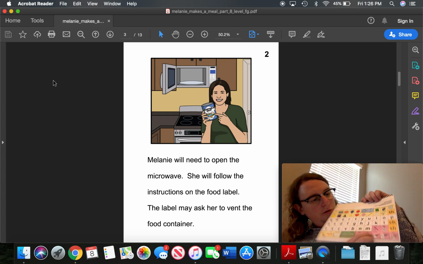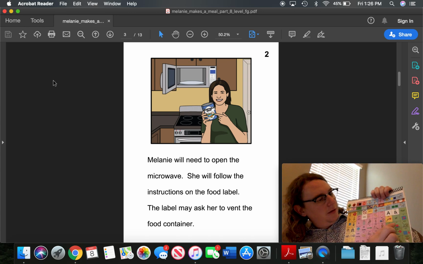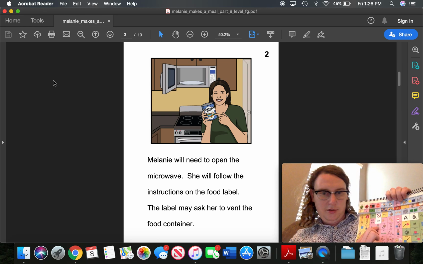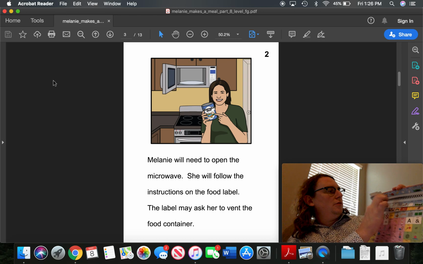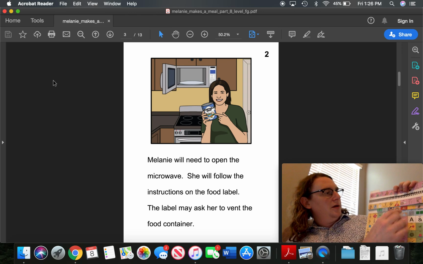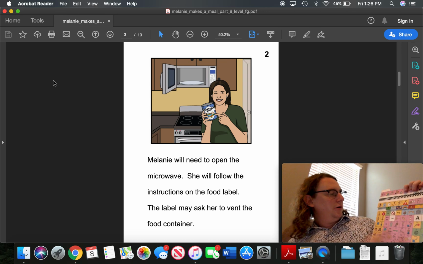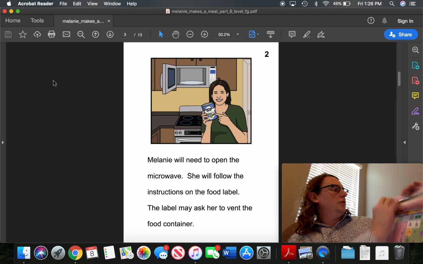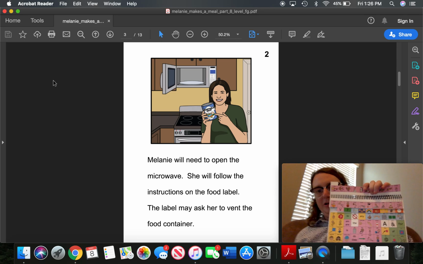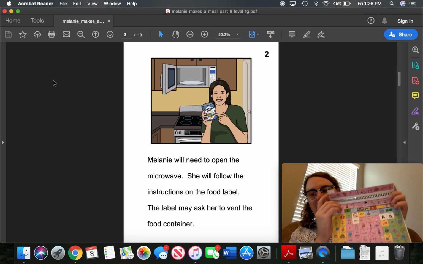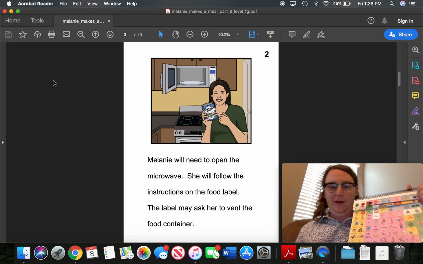The writing on can asks her to open. Hopefully I'm catching this on the camera. It's a little hard because I'm having to look and show, but you can at least see that.